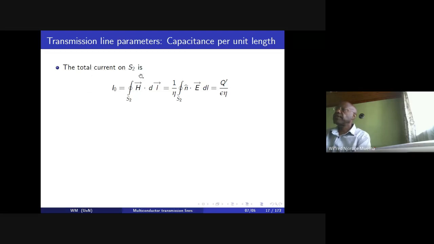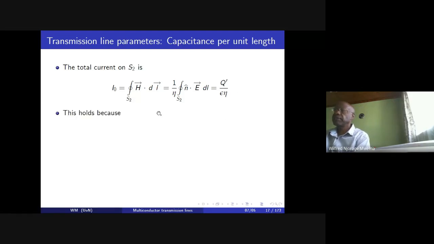The total current on S2 is, of course, from Ampere's law, the integral of H dot dl over that surface, and that is given by the line integral of E divided by eta. That is, we are dividing by the impedance, which we are assuming is not changing with position, and we get Q over epsilon eta.